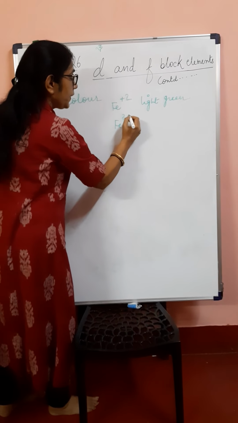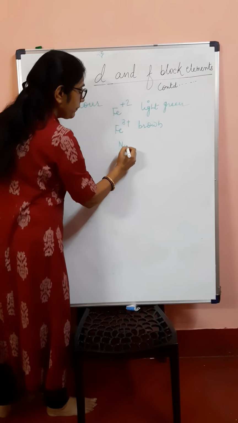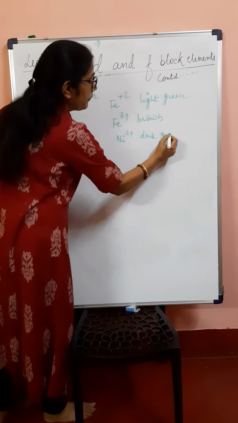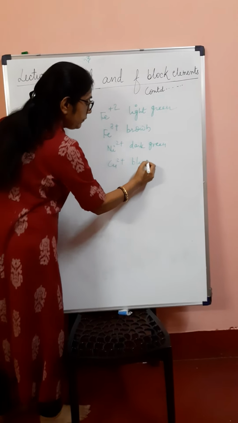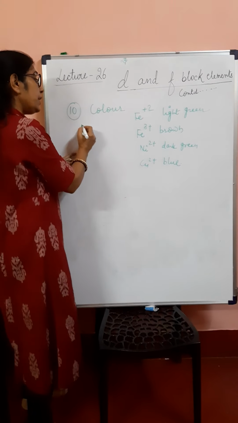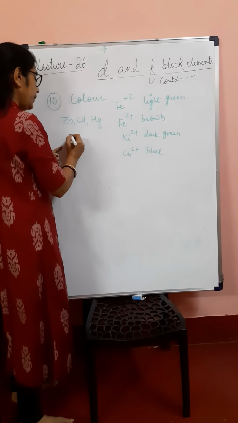Ferric is brown. Nickel is dark green in color. Copper is blue in color, and so on. Once again, exceptions are zinc, cadmium and mercury.